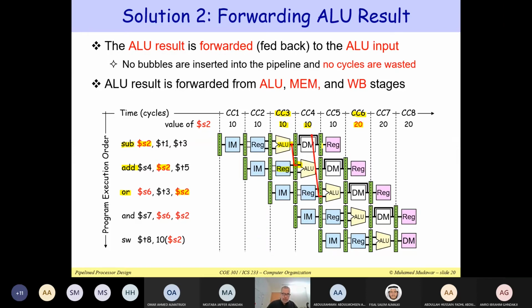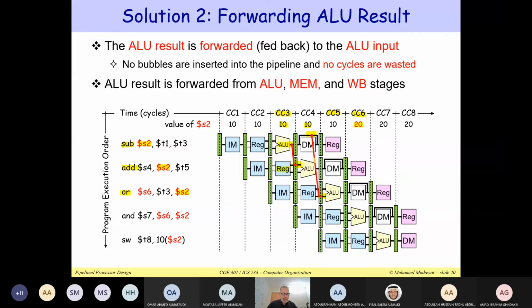Now notice that the new value appears here. That's the new value of S2. It appears here. That's the ALU result. So this ALU result appears on this bus, and therefore we can forward it back to the second input of the ALU so that we can execute the OR instruction at clock cycle number 5. So we did not delay the execution.